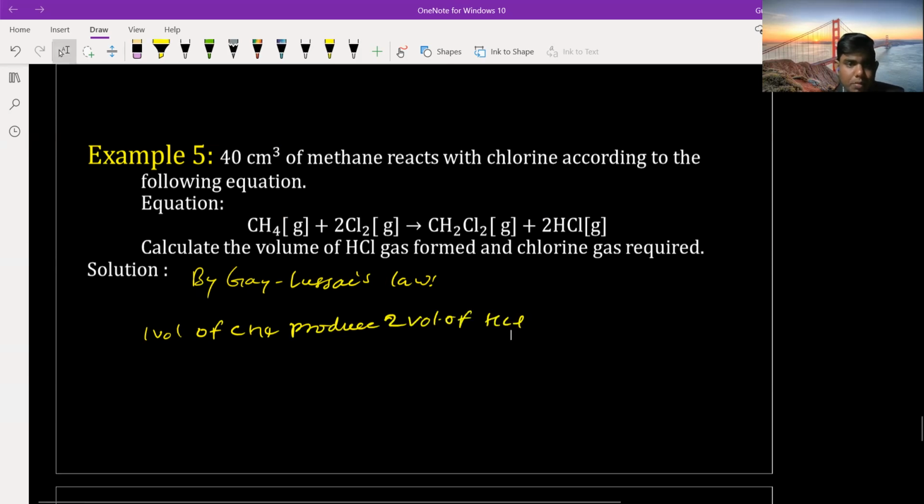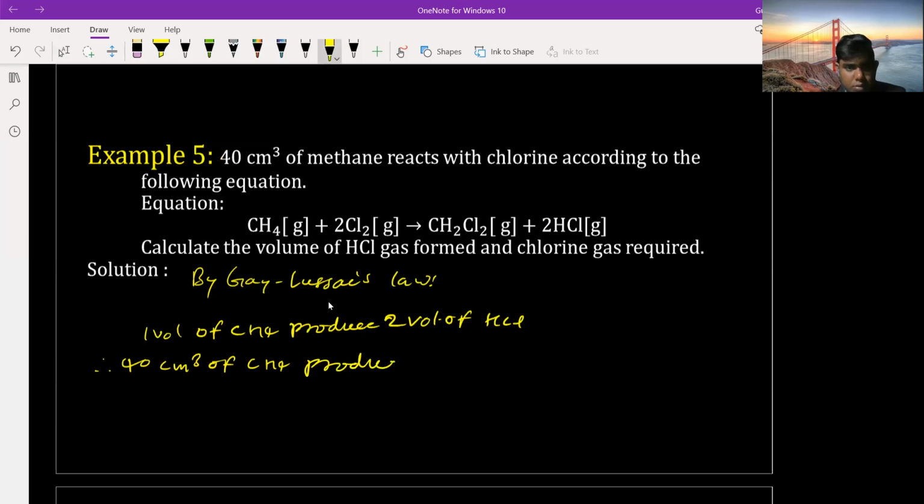Okay, 1 volume CH4 produces 2 volume of HCl, and so we can say 40 centimeter cube of CH4 will produce 80 centimeter cube of HCl.